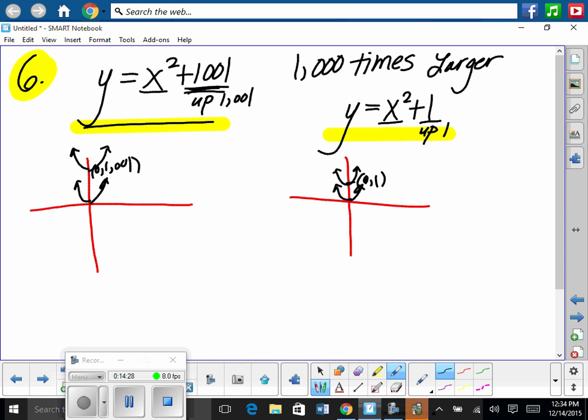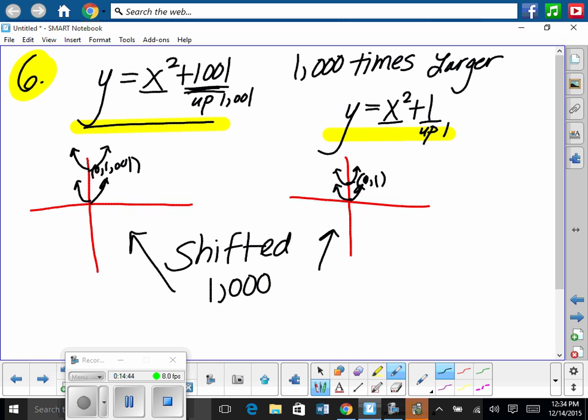So it's not 1,000 times larger, it's just shifted 1,000 units higher. This one's shifted up 1,001, and this one was only shifted up 1. So hopefully that makes sense. In fact, it's the exact same parabola, it's just been shifted up 1,000 more units than this one.